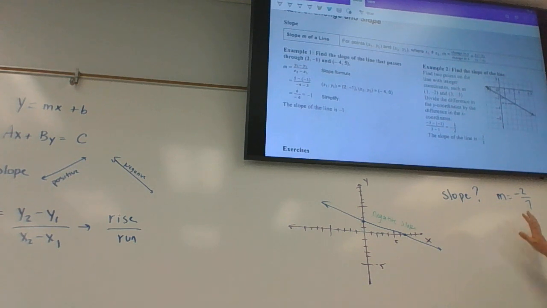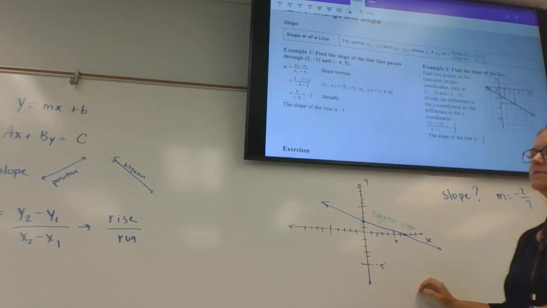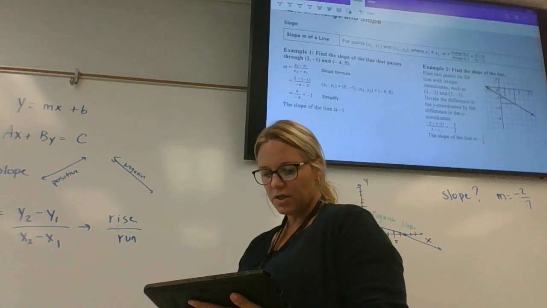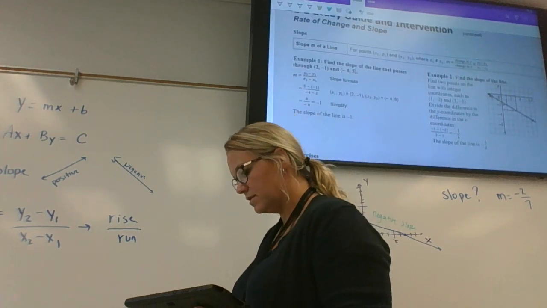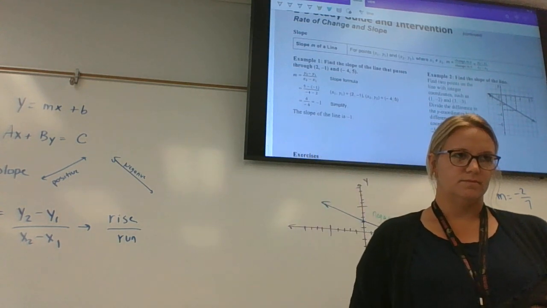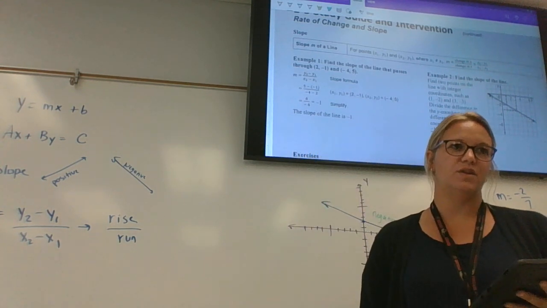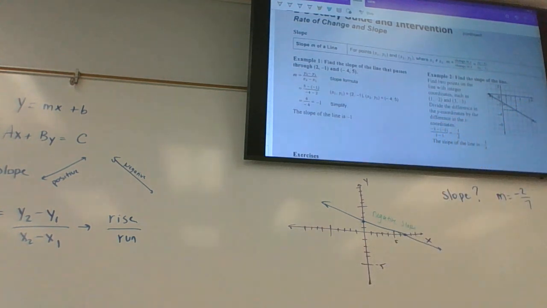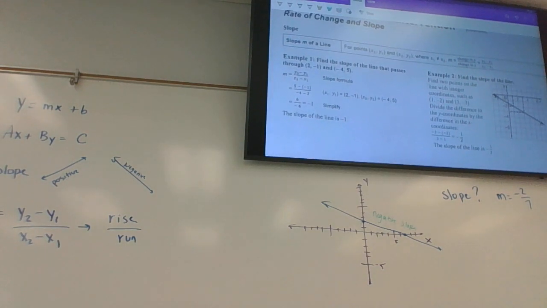And that could be found by doing the slope formula, given 2 points. If you did your summer assignment, you're really familiar with that. We're on the side that says 18 at the bottom.